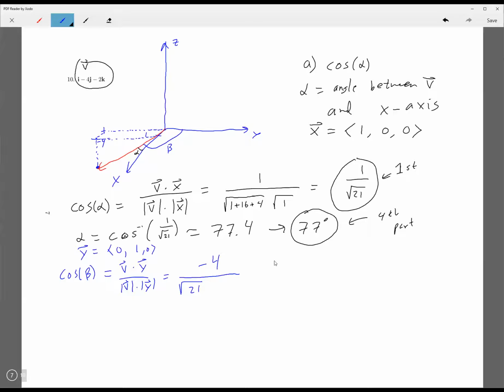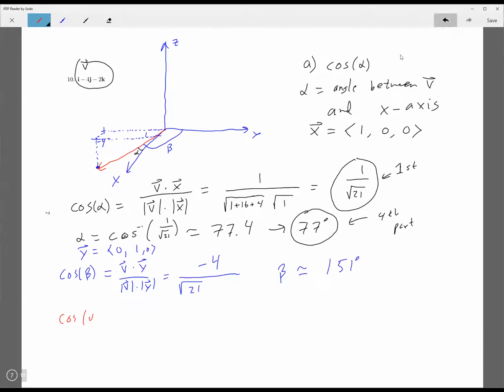So take the cosine inverse of that. I get 151 degrees.